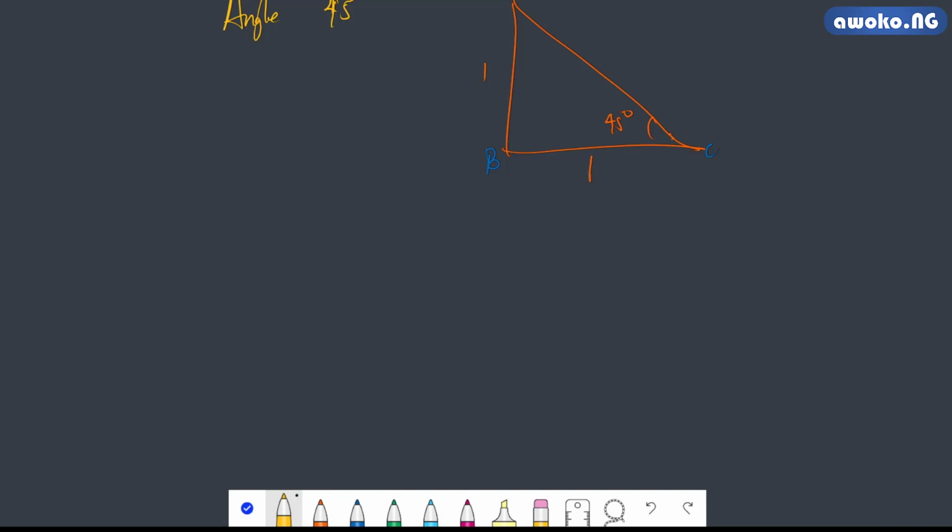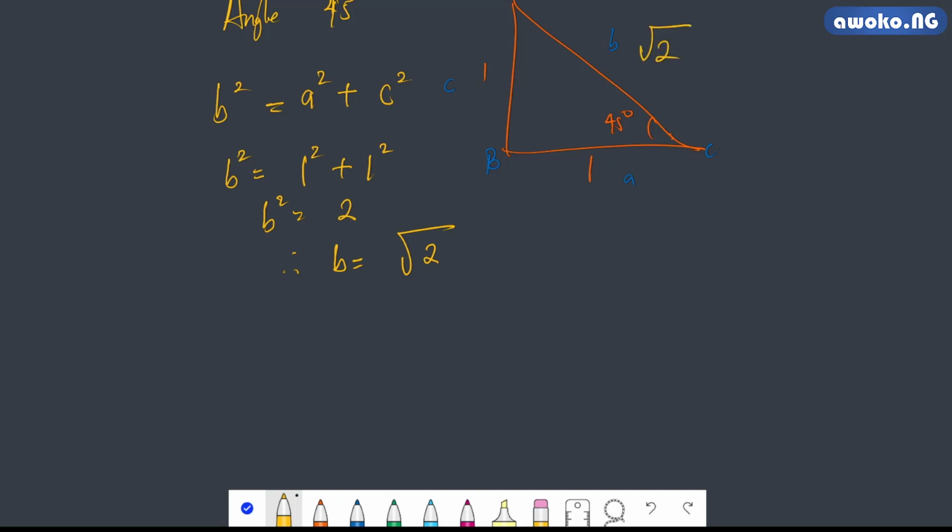Let's call this the small letter B, small letter C, and small letter A. So, B squared is equal to A squared plus C squared. If that is the case, then B squared will be equal to 1 squared plus 1 squared. So, B squared is 2. Therefore, B is equal to the square root of 2. So, the hypotenuse side is equal to the square root of 2.